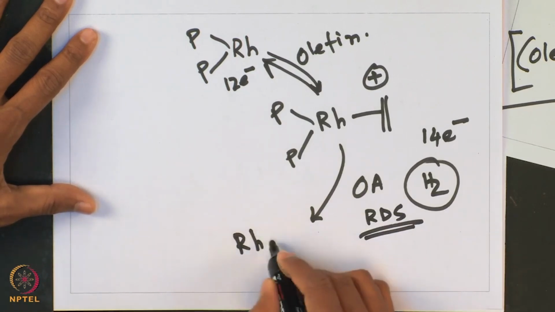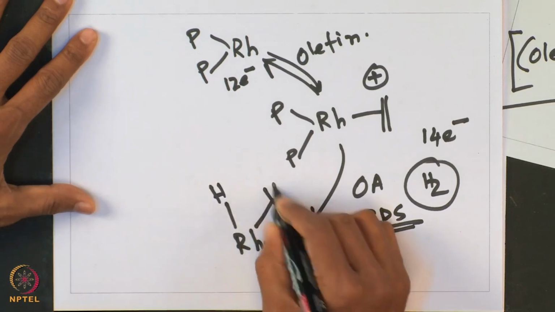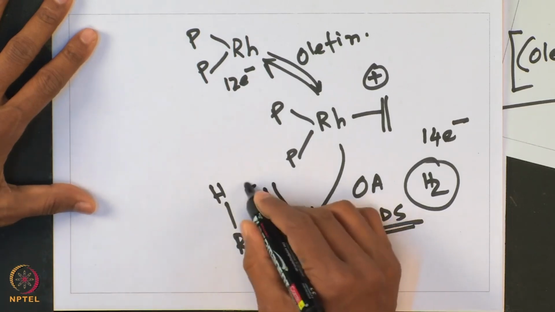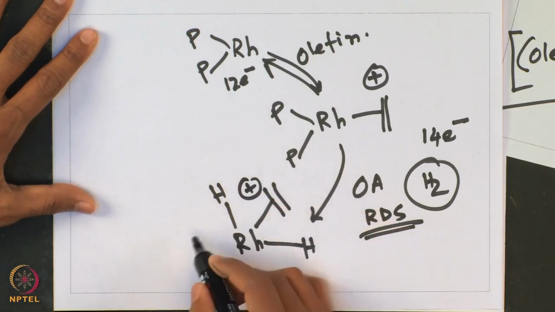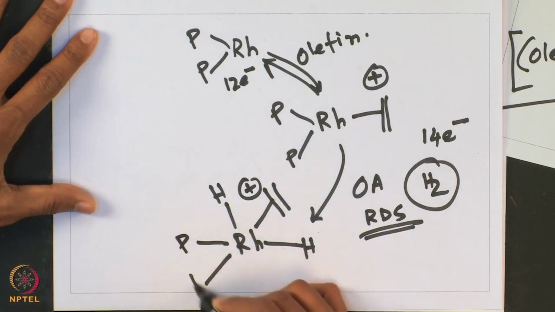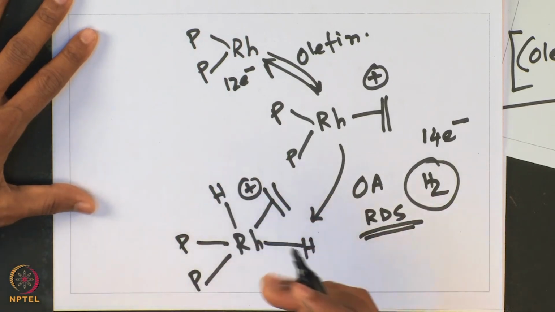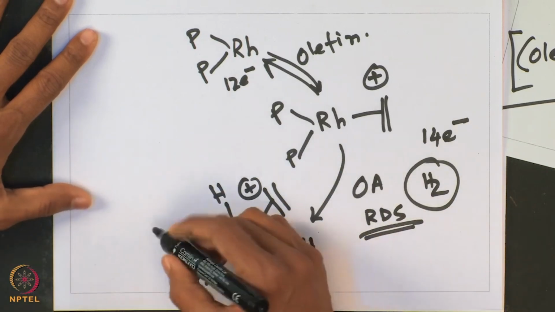We see the dihydride formation. These are dihydride catalysts. It is not the monohydride catalyst which we see in other cases, where one hydride is usually associated in the commercial form. A metal monohydride species is taken and the catalytic cycle starts from there.